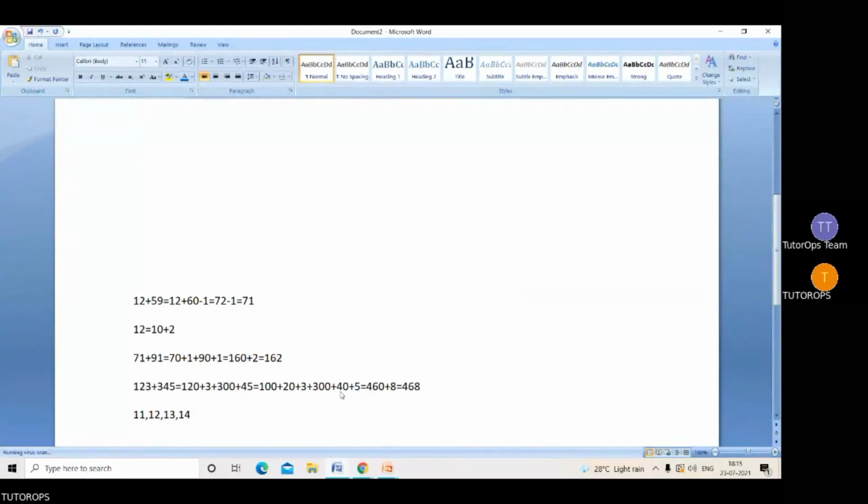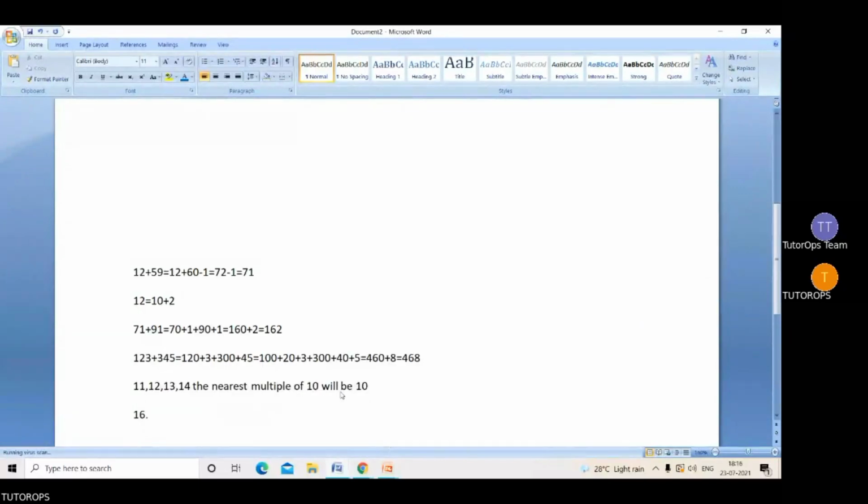The nearest multiple of 10 will be 10 itself. But for 16, 17, 18, 19, and 20 itself, the nearest multiple will be 20 itself. So in this way, we may take the number 5 as the base.